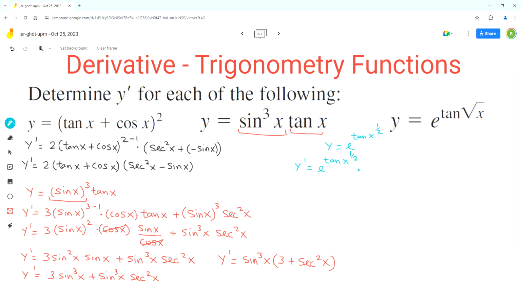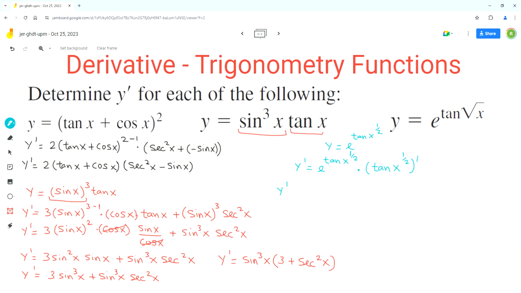This tan term is a composite function because it has an outer function tan and the inner function is x to the power half. So we'll have to use the chain rule to find the derivative of this exponent. In this step we just show that we have to find the derivative of this composite function, using this prime to show that we have to find the derivative of this tan term.